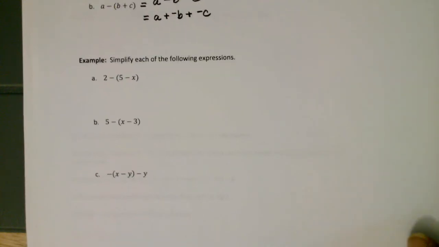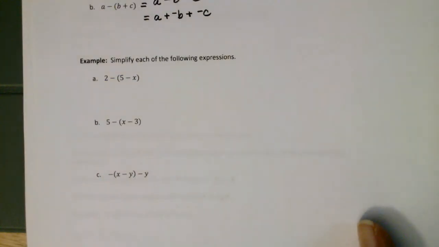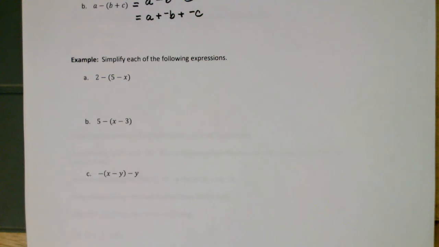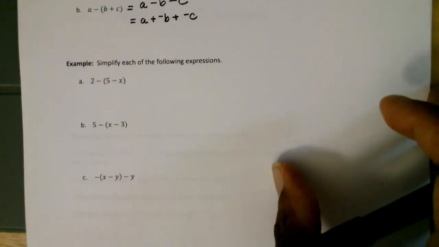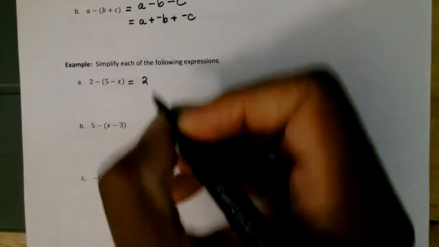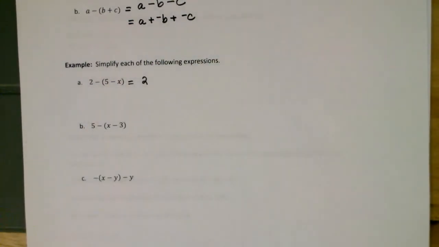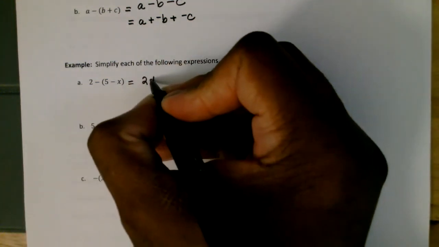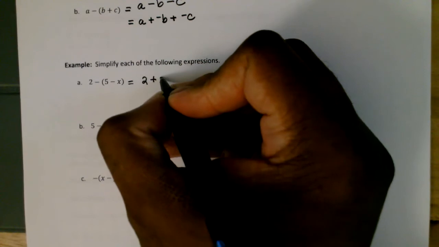Now here's some more examples of this. Say we want to simplify each of the following expressions here. 2 minus, in parentheses, 5 minus x. Bring over the 2, the opposite of 5 would be just adding negative 5.